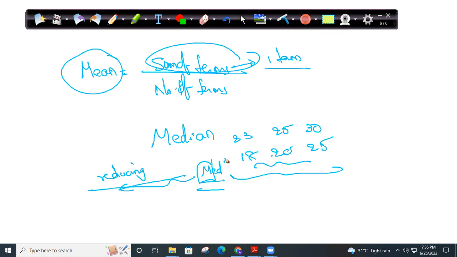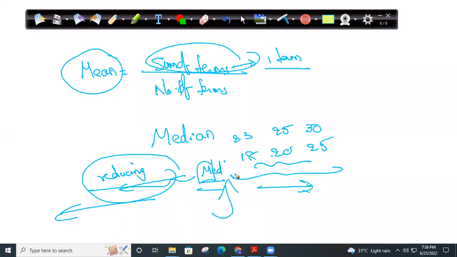No. So if you already know the median, for the numbers less than the median, if you are reducing, they still remain less. And for the numbers greater, when you are increasing, the median will never change, it will be kept as it is. Mean will change even if one term changes, not the case with the median.